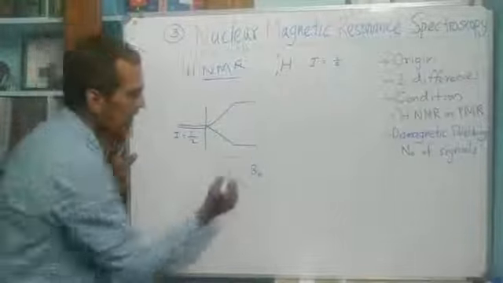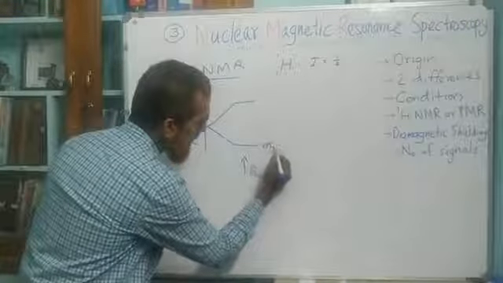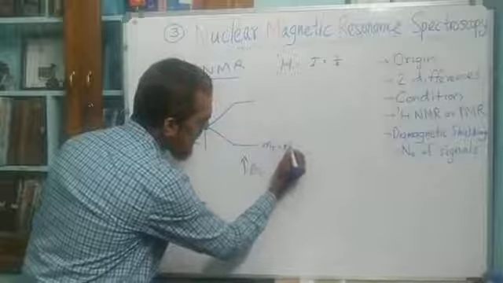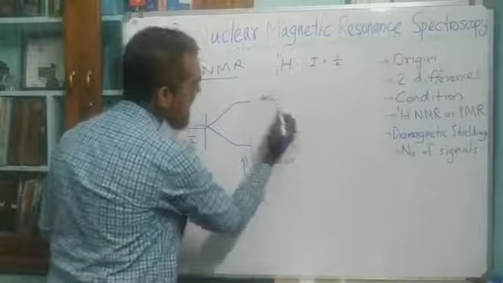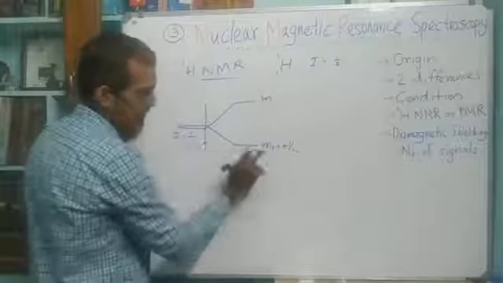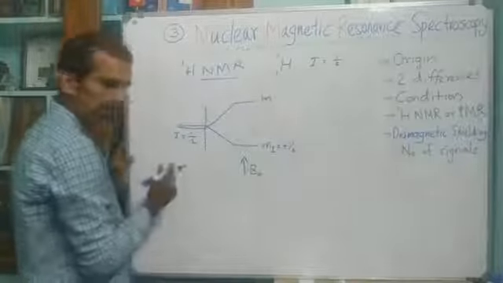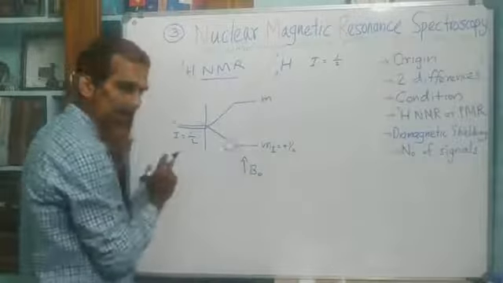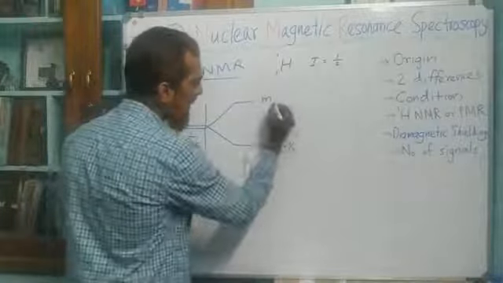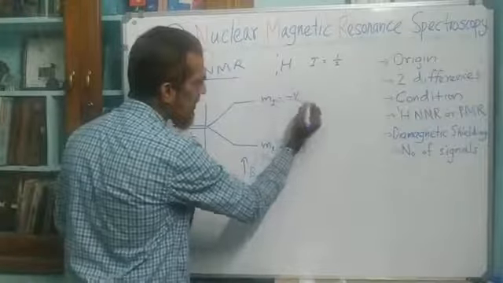This is mI equal to plus half, the component of the different orientation of the magnetic moment, and the other is minus half.